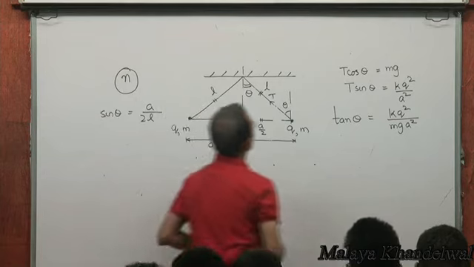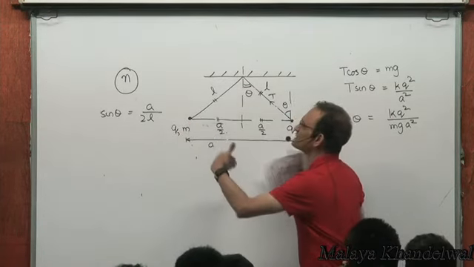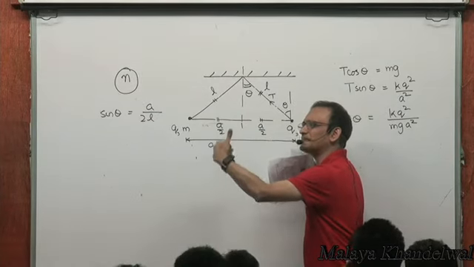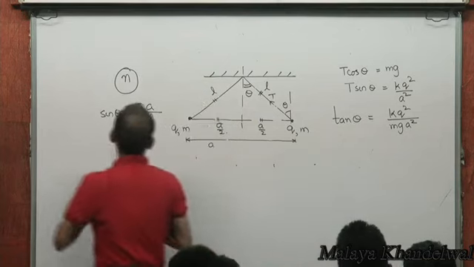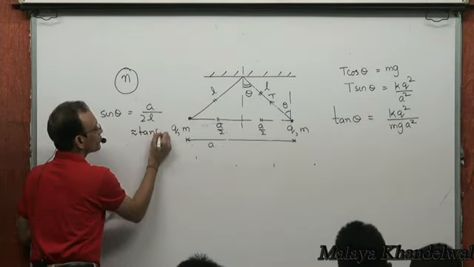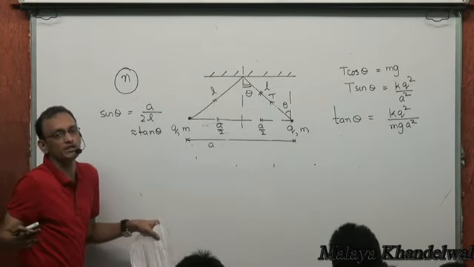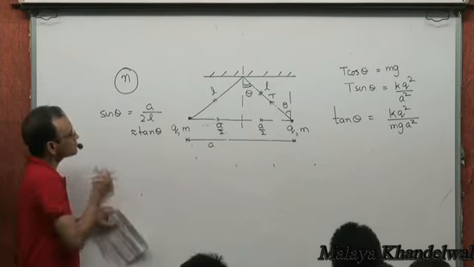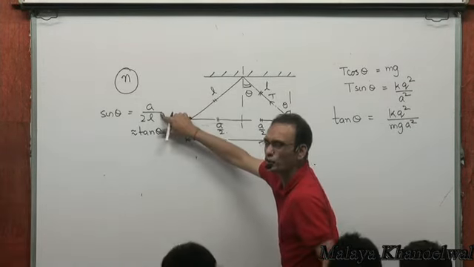Now if theta is small, then sine theta is approximately the same as tan theta, where a is the equilibrium separation between the two charges. So this tan theta can be replaced by a by 2L.